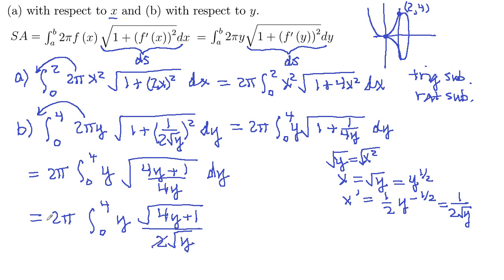So this 2 could cancel here, and the root y could cancel into y and leave a square root of y, which would give us pi on the outside, integral 0 to 4, and then root y times root of 4y plus 1. We can multiply those underneath the root. So y times 4y is 4y squared, plus y times 1 is y, dy.